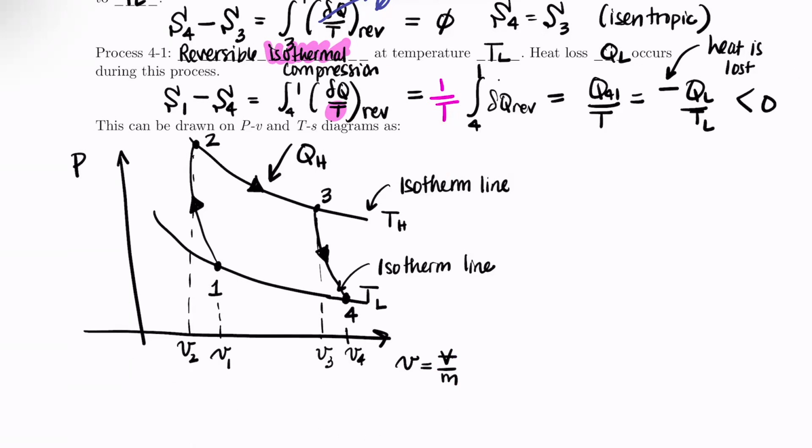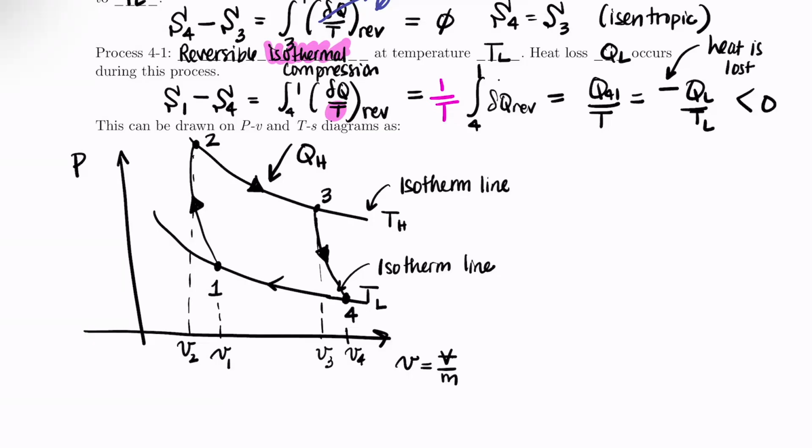And then last but not least, we are doing a reversible isothermal compression to get from state 4 to state 1. Isothermal means that we are going to stay on our same isotherm line. Since it's compressing, our specific volume is going to decrease, which is good because state 1 is obviously at a smaller specific volume than state 4.